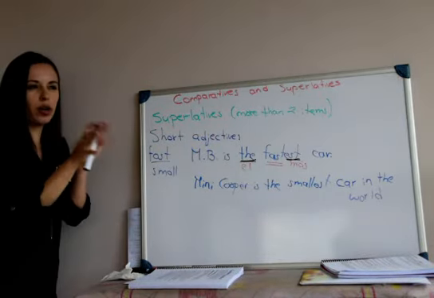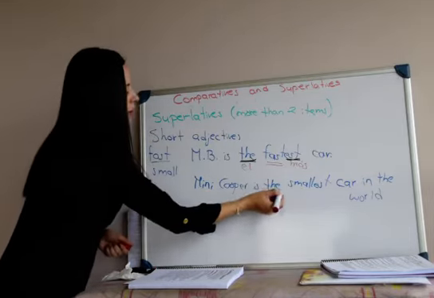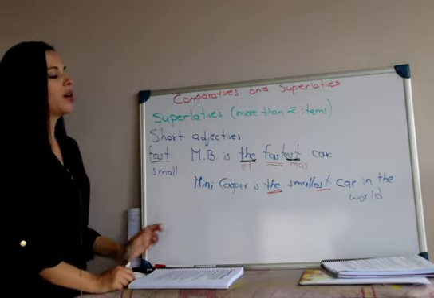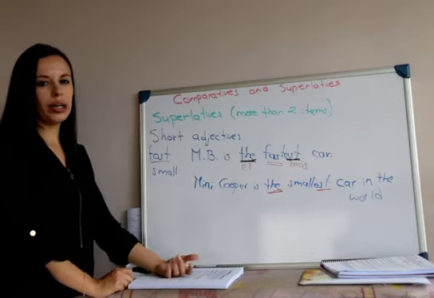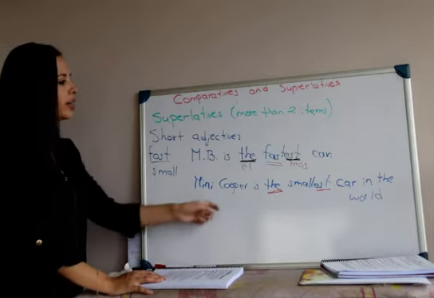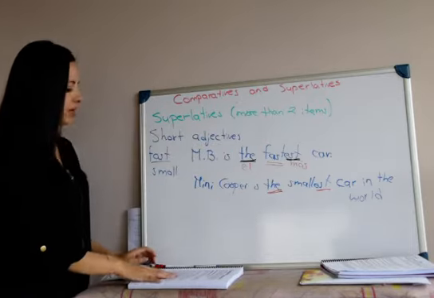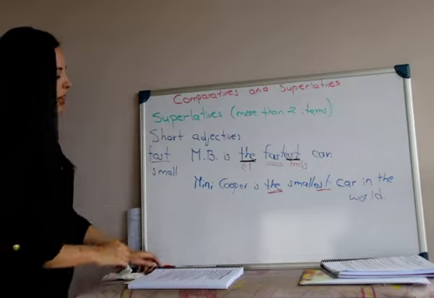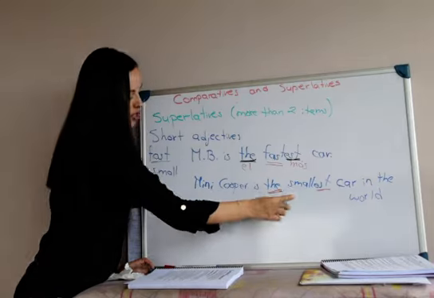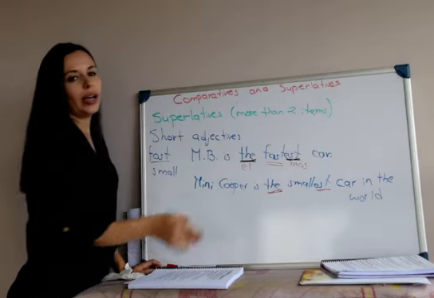I don't know if there is a smaller car, I'm just using this as an example. So how many cars are there in the world? Hundreds, right? Or thousands, I don't know, but there are many, many cars in the world. So I'm comparing more than two items, Mini Cooper and many other cars. So I know that I need to use the superlatives. And what I do is, the Mini Cooper, is the subject number one, is el más adjective, el más pequeño. That's how we read it. El carro más pequeño in the world.